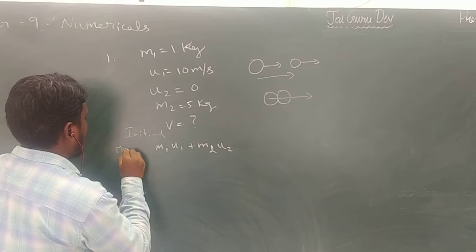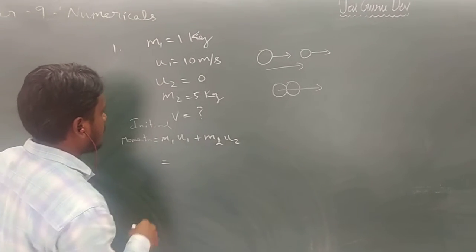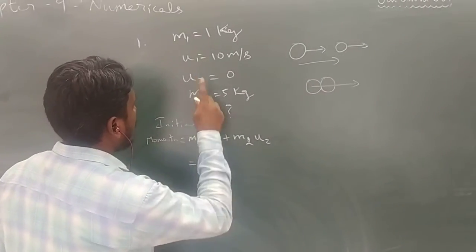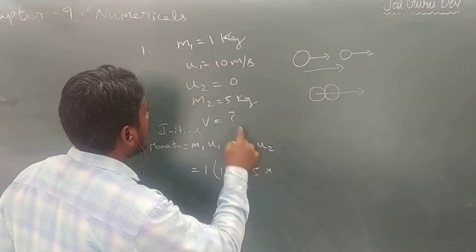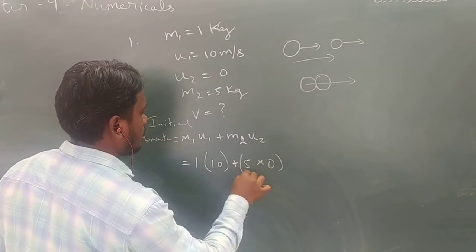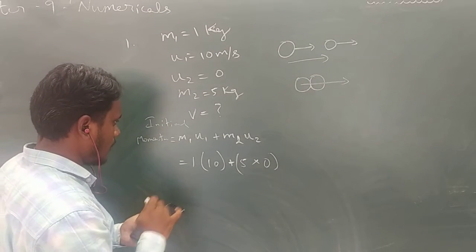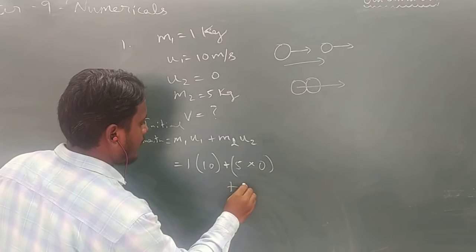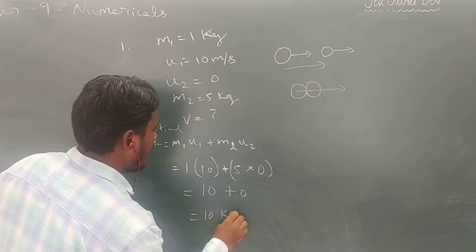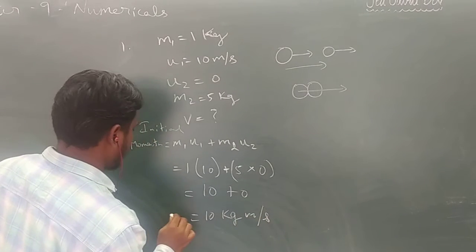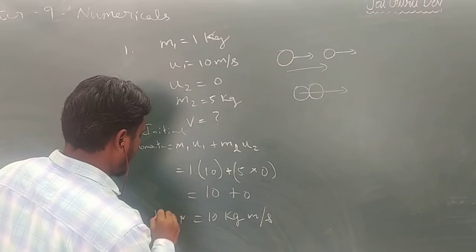Let us substitute the given values. m1 1, u1 10 plus m2 5, u2 0. So if I substitute it, 5 into 0 I get 0, 10 into 1 is 10, so 10 plus 0. 10 kilogram meter per second is the initial momentum, right?